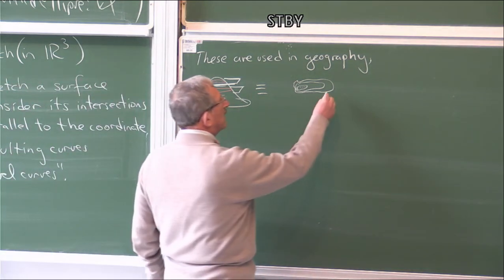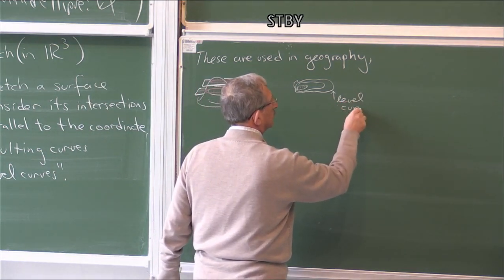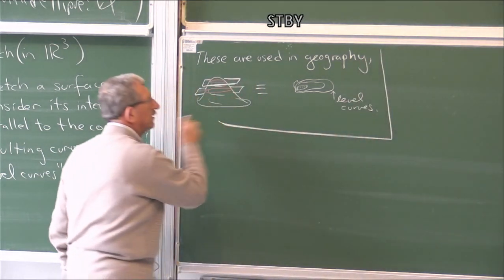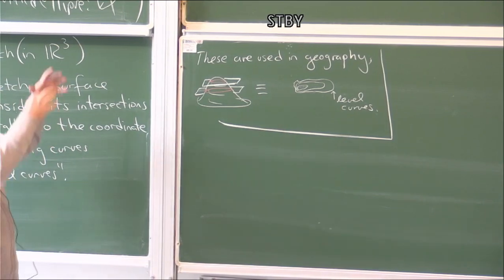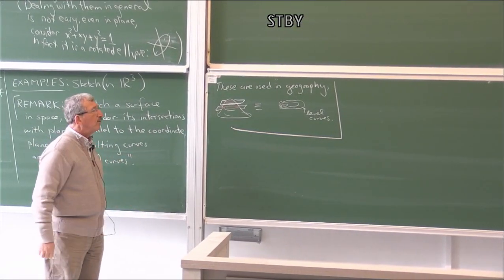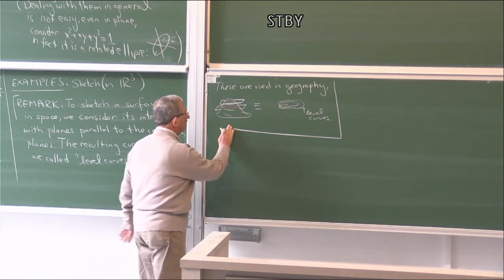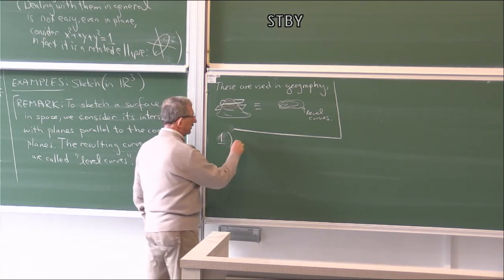Well, so these are called level curves. And after we get an idea about these level curves, we put them together in our minds, in R3, and then obtain the result. This will be very clear from the examples. Say our first example.